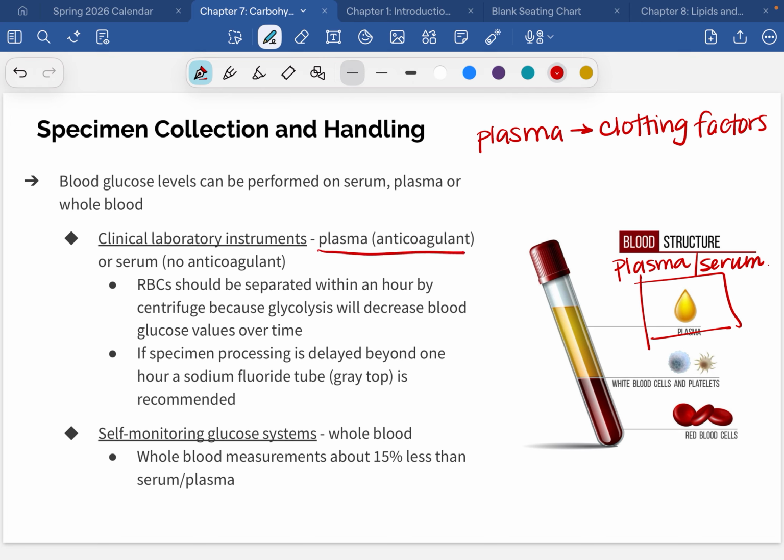So a plasma is using the anticoagulant, and a serum is when there is no anticoagulant, and so there will not be any clotting factors left because the blood will have clotted. All those proteins and vitamins will be pulled together into a blood clot, and they'll basically be pulled out of the liquid portion of the blood. So plasma and serum are not exactly the same, but a lot of times people use those words interchangeably. There will be a few tests where you have to use specifically plasma or specifically serum, and we'll talk about what those are.